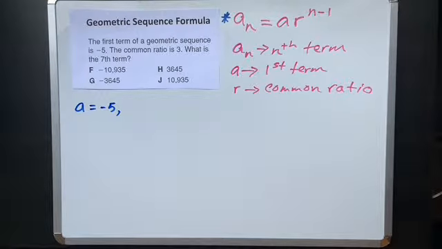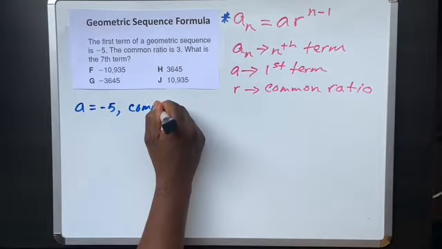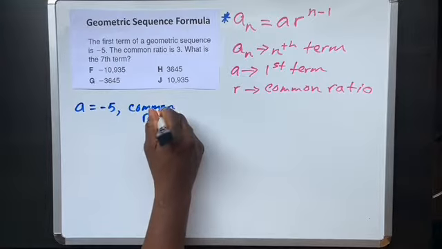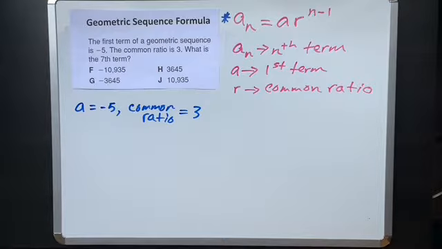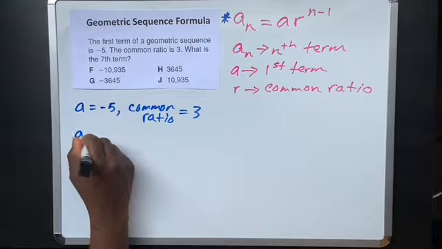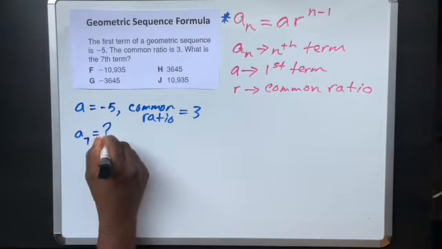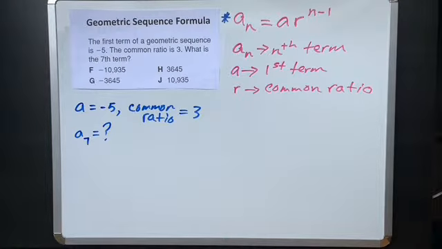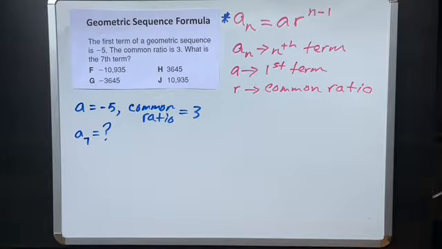It also tells us that the common ratio equals 3. And they want us to find the seventh term. So that's our basic information, and we're going to substitute it in the geometric sequence formula.